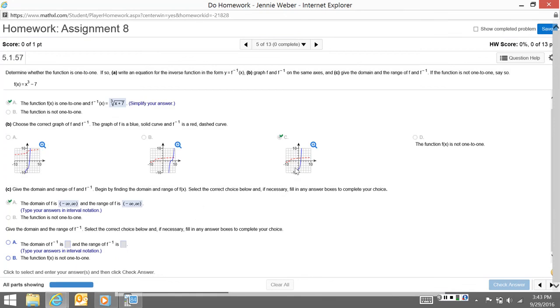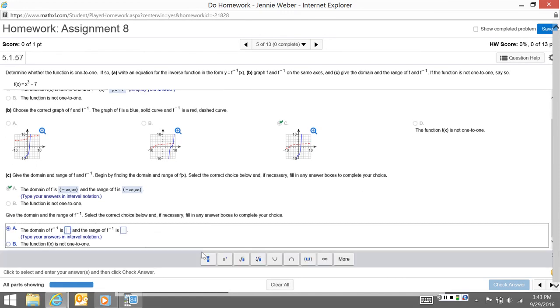Now, domain and range of f inverse. Same thing here. It can be any x, it can be any y. But I find domain and range, the best way to find them is with a graph. I want to see, come on, negative.